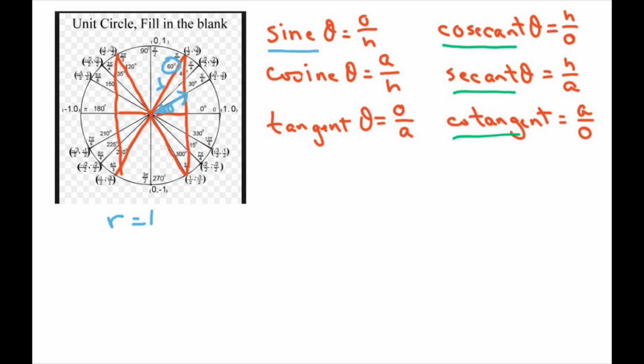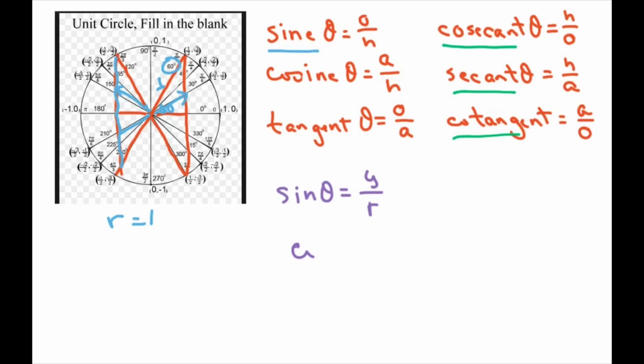Your opposite is y, that's your vertical. So we're going to rewrite sine as y over our hypotenuse, but our hypotenuse happens to be r.